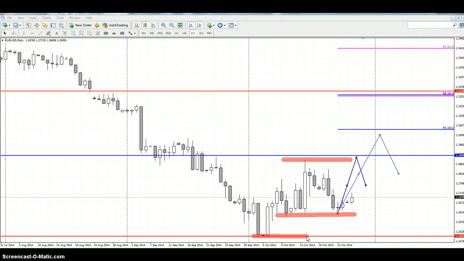Some of them with a certain level of security into it. So if this correction is multiple wave correction, we also talked about that the correction could go all the way up to the 50% Fibonacci retracement from the move down, and this is pretty much where it is, or it is exactly where it is.